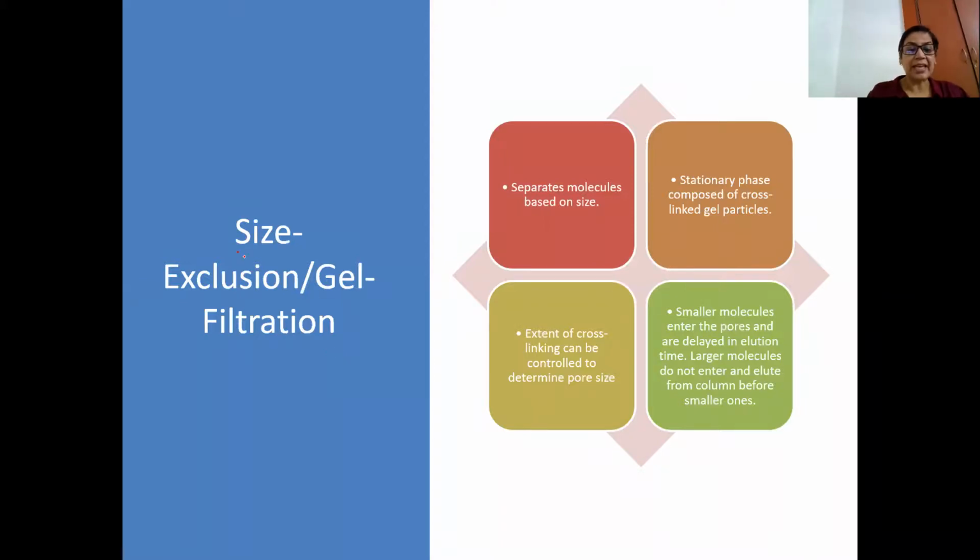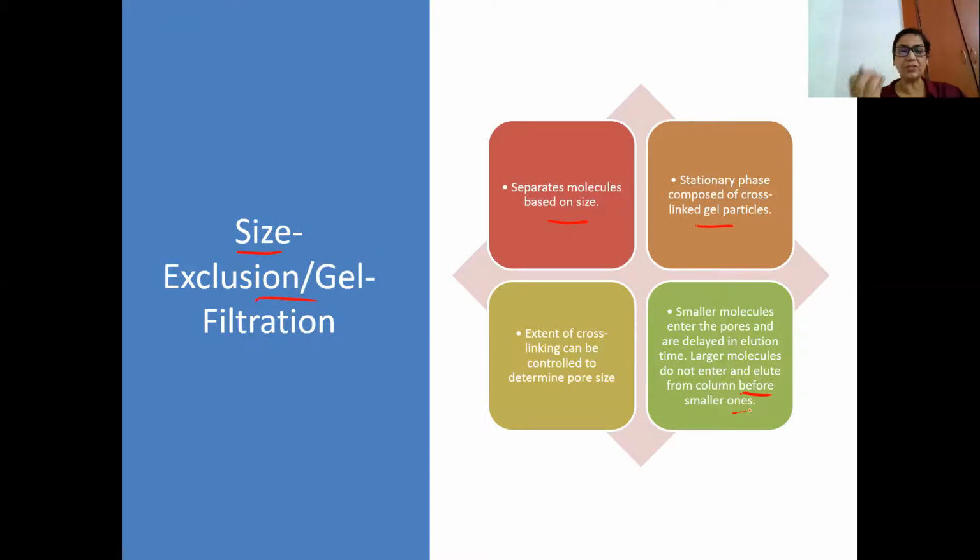Then comes size exclusion chromatography. It separates molecules on the basis of size. And the stationary phase is composed of cross-linked gel particles. Smaller molecules will enter the pores and are delayed in elution time because they will move slowly. And larger molecules do not enter and elute from the column before smaller ones. They won't even enter, so we can collect them.